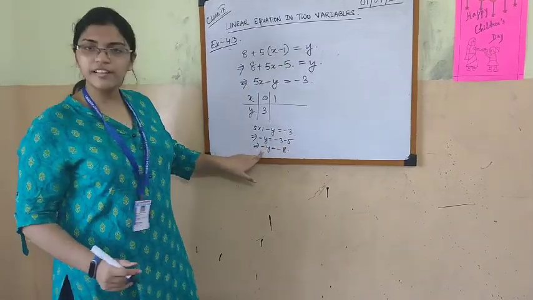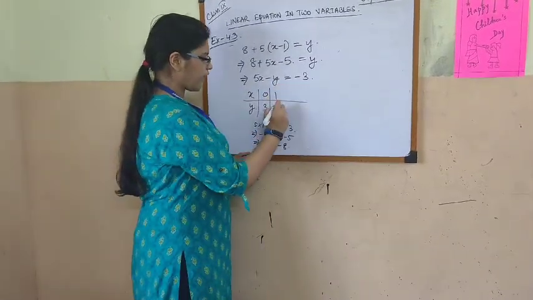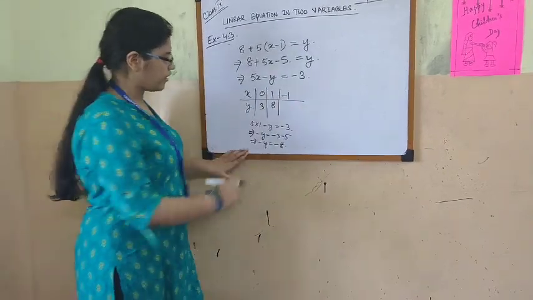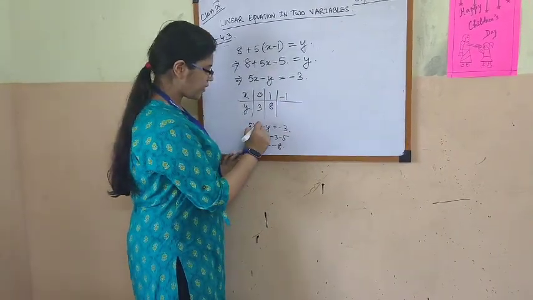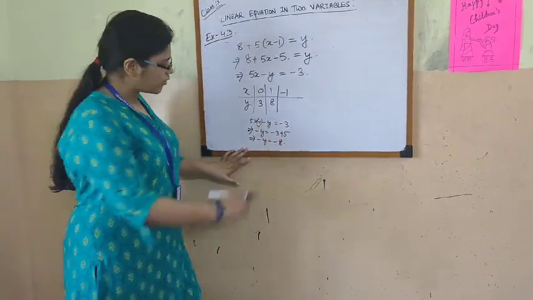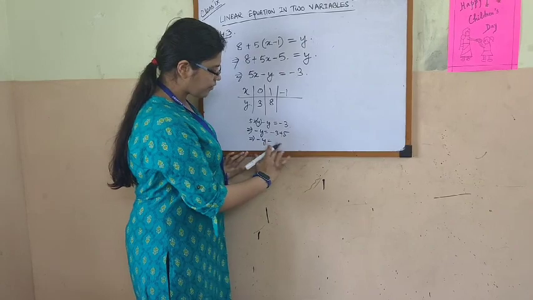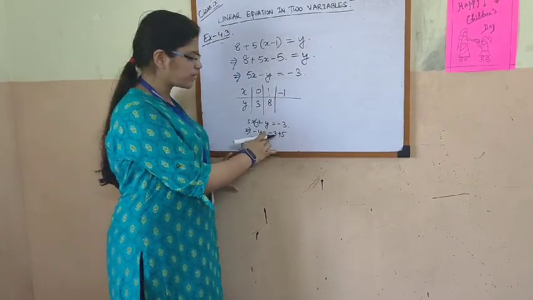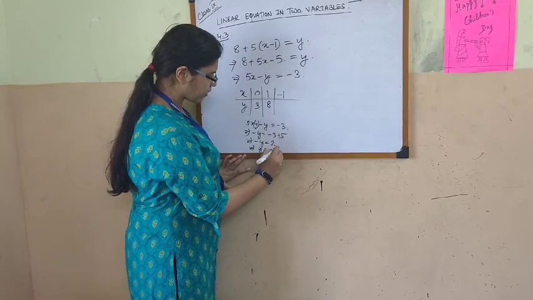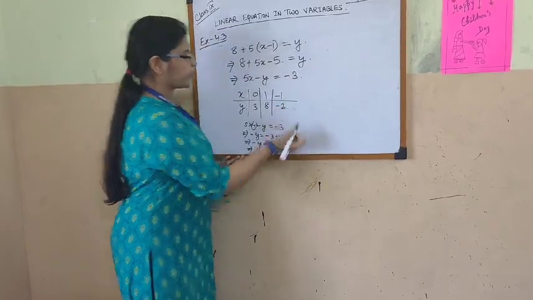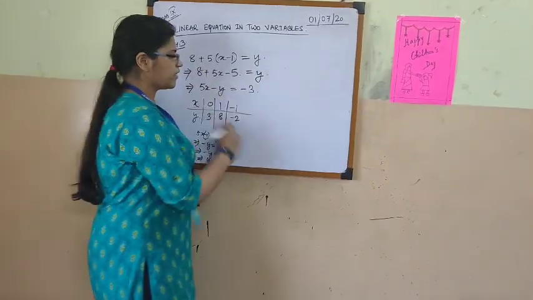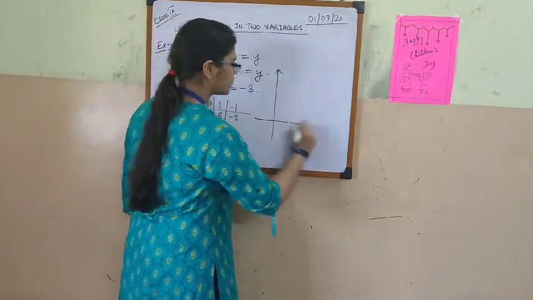Now the minus minus cancels, so y will be 8. Now if I put x as minus 1, then this is minus 5 minus y equals minus 3, so minus y equals 5 minus 3, that is 2. So y equals minus 2. So the value of y will be minus 2. This is the chart, and from that we will draw the graph.